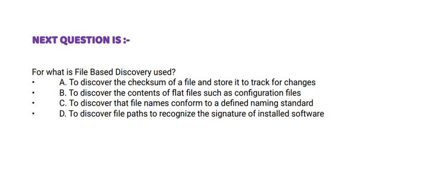Option C, to discover that file names conform to defined naming standards. And option D, to discover file paths to recognize the signature of installed software. The correct option is option D.